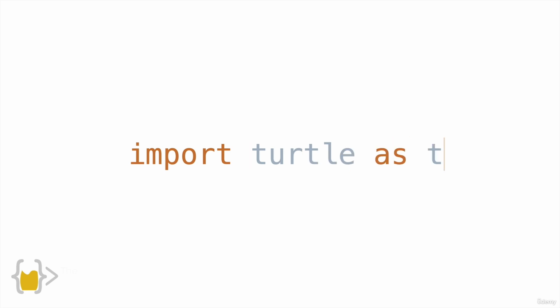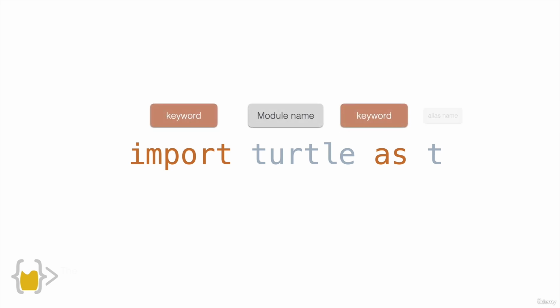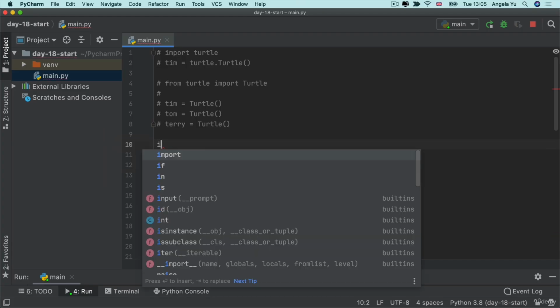Now, the final thing I want to show you, which is quite a useful thing, is how to alias modules. So for example, we can import our turtle as T. So what this does is we import from the turtle module and we give that module an alias name, so a name that we define.